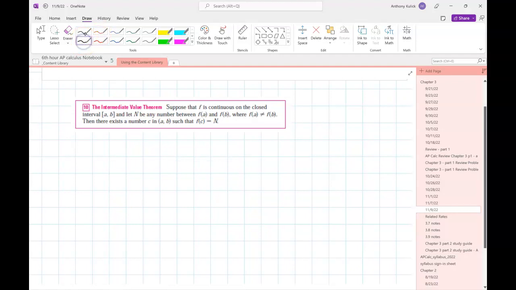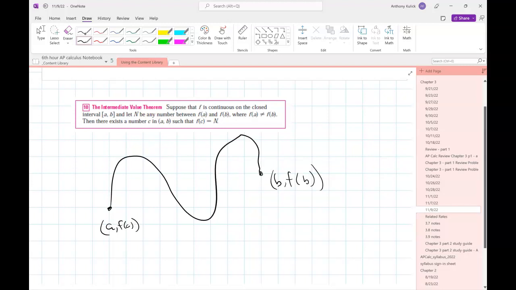So what this is saying is, we have some function that's continuous from a to b. You can pick anything here in between f of a and f of b.